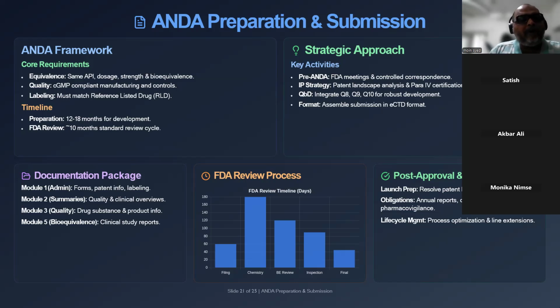I will definitely work on it once we complete the literature review part. We will discuss in detail the parts of the various modules, module 1, 2, 3, 5, what information is required. Anyone who intends to go into regulatory will find it helpful.